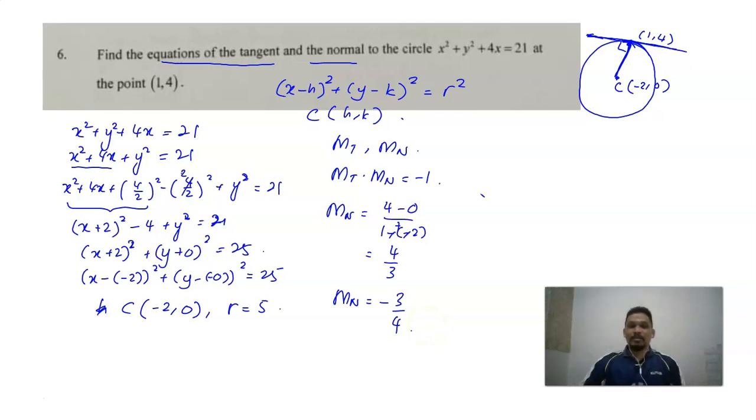Okay, so now class, to find the equation of tangent and equation of normal. For the equation of tangent, we can only use the point (1, 4) and the gradient of tangent. This is the gradient of normal. It should be gradient of tangent here, sorry.